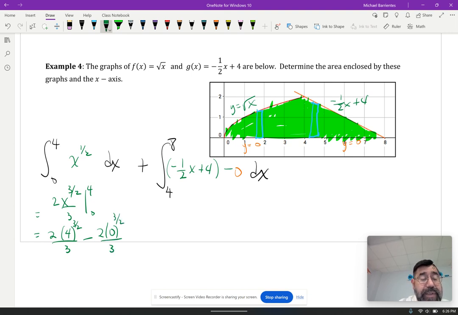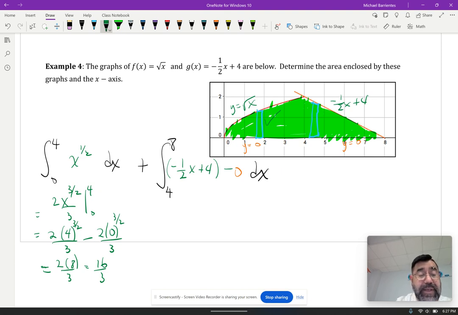And the first part, if I have a 3/2 power, that means the half is going to take the square root. So this is the square root of 4, which is 2. And then take it to the third power. So 2 to the third power, that's 8. So 4 to the 3/2 means take the square root of 4 and then take it to the third power. And so this is really 2 times 8 over 3, which is 16/3. Okay, so this first part is done.